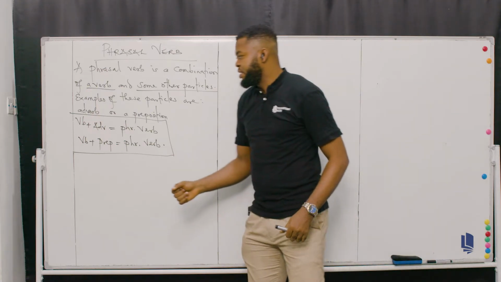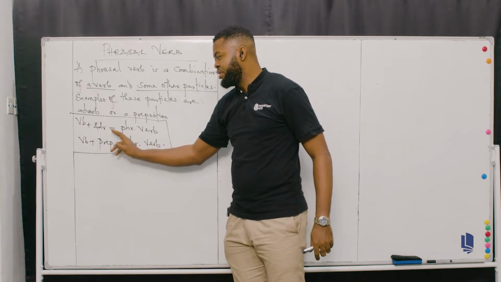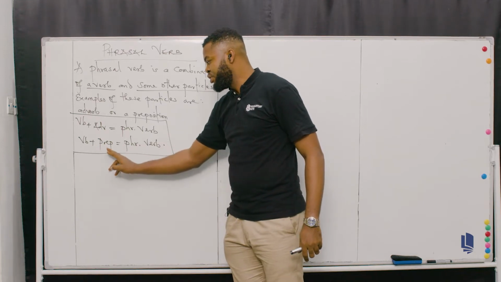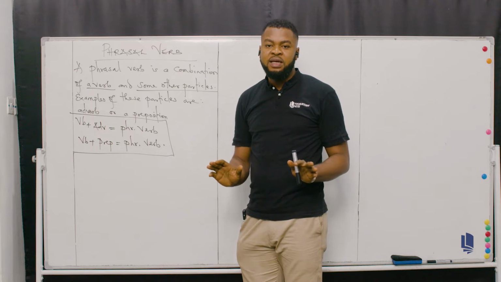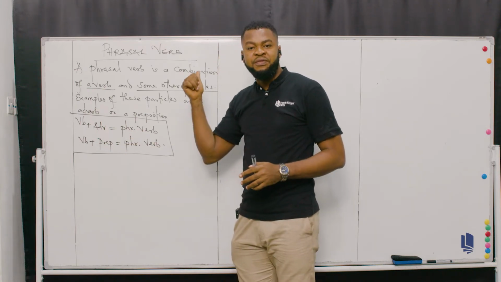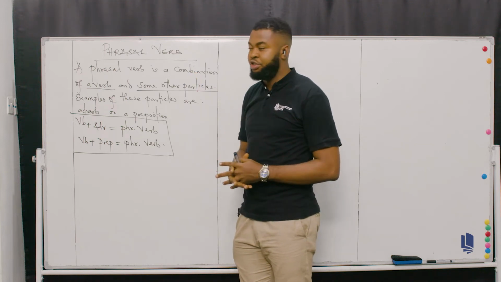So let me take that again. I said a verb plus an adverb would definitely give you a phrasal verb, or a verb plus a preposition would definitely give you a phrasal verb. That's the simplest combination of that. And this particular formula stems from the definition. Now, here is the definition.